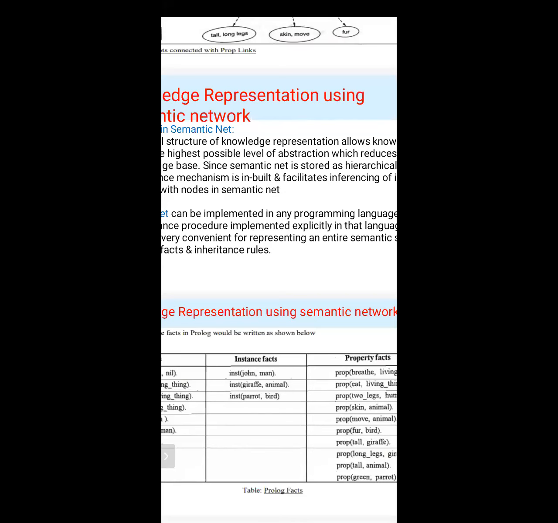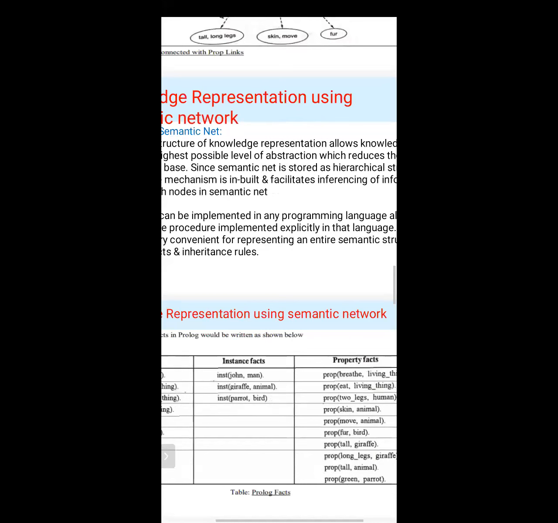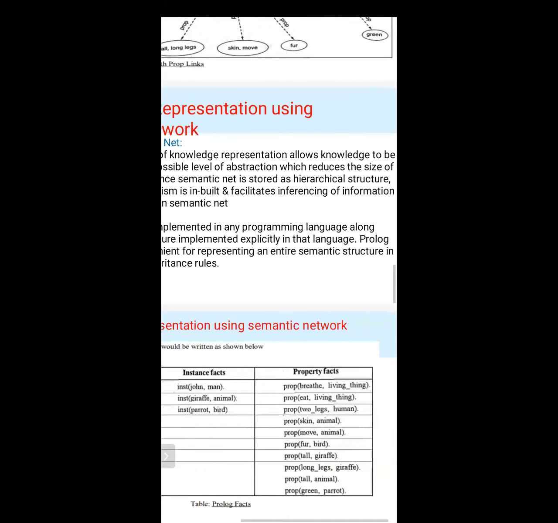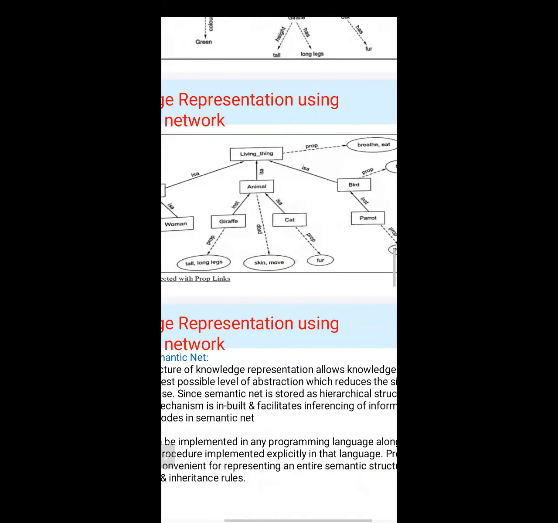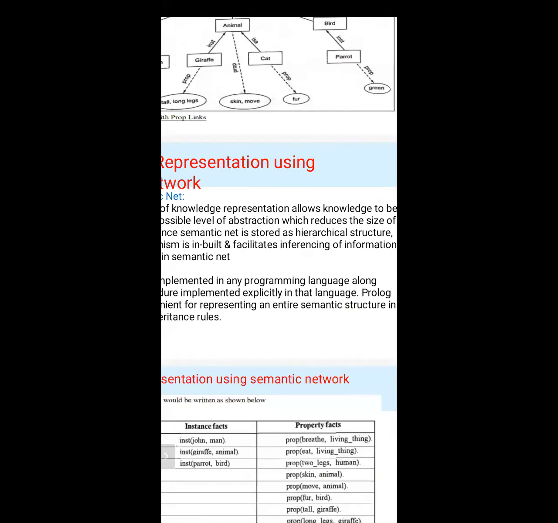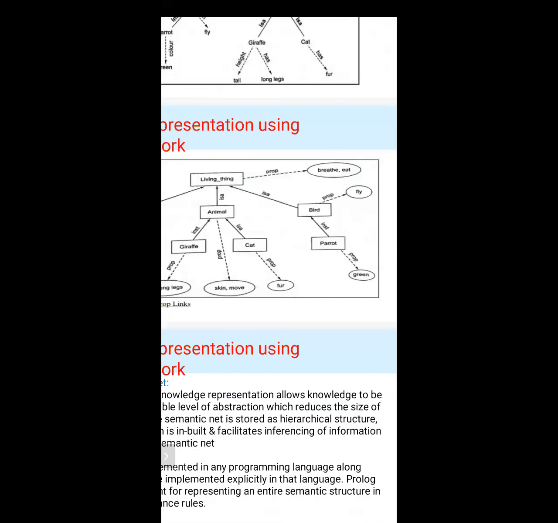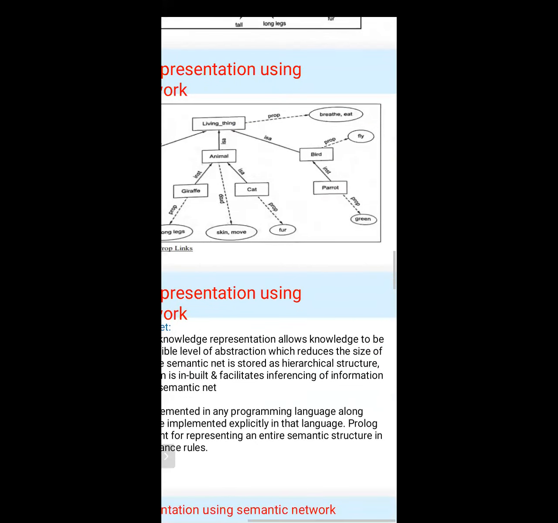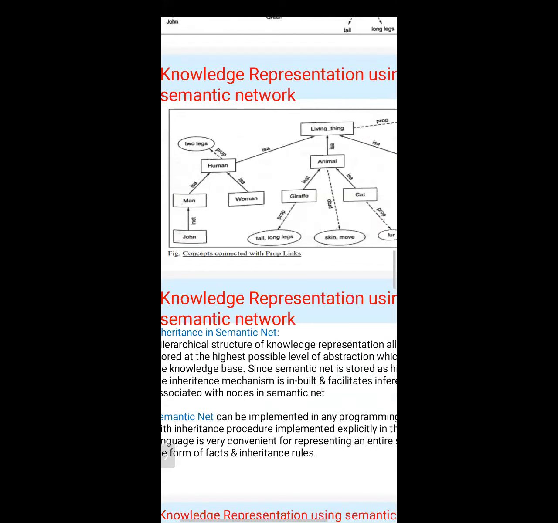Next one, property facts. Here the properties are: prop of breathe comma living thing. Next, prop of eat comma living thing. Next, prop of two legs comma human.